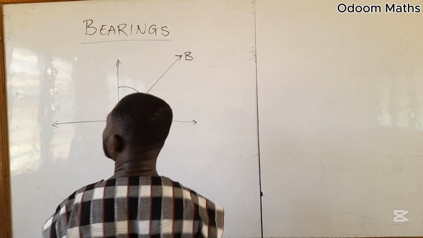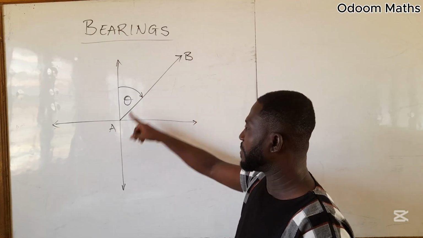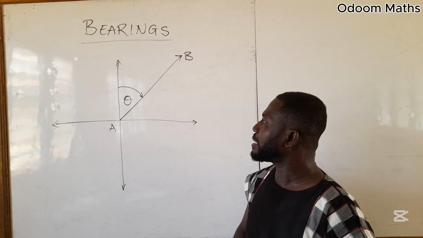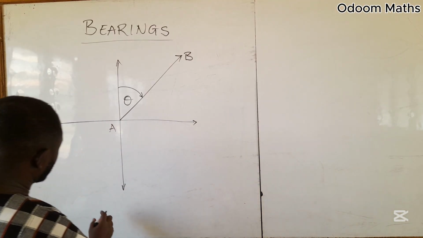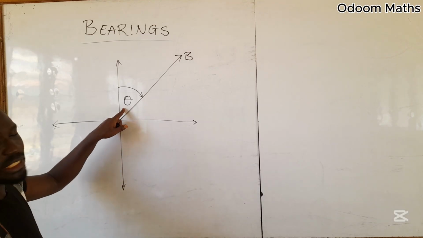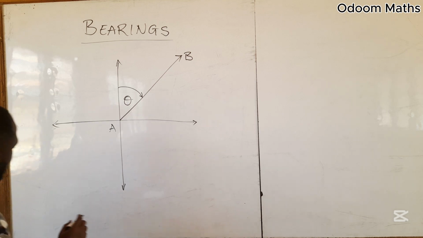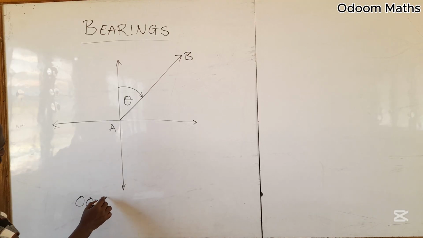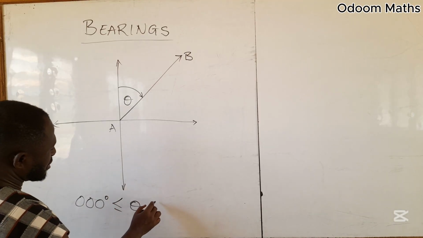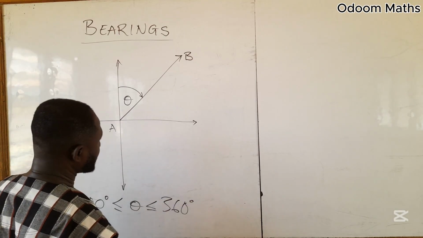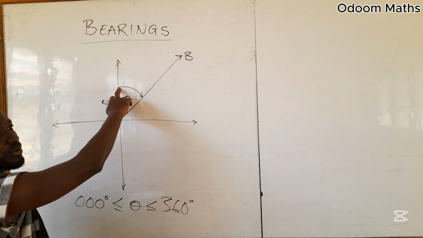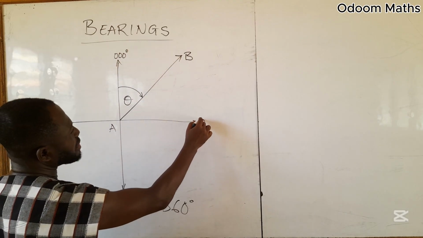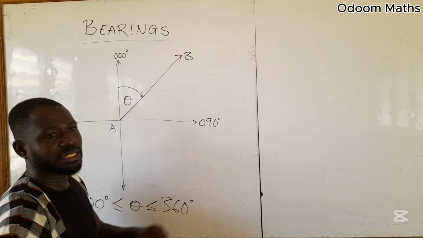Now let's look at this. If theta is the bearing of B from A, then theta lies between 000 degrees and 360 degrees inclusive. So you can say that 000 degrees is less than or equal to theta, which is less than or equal to 360 degrees. From here, 000, we go to 090. I said bearing is written in three digits.